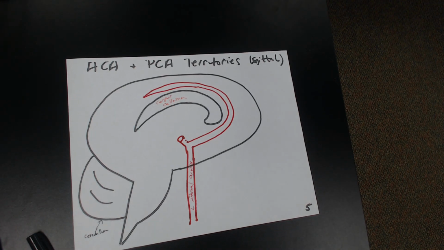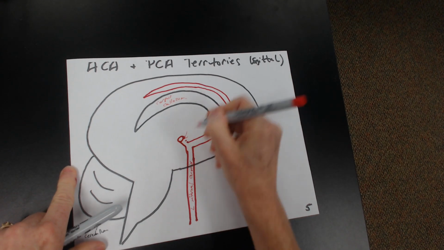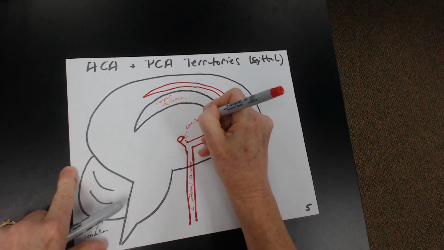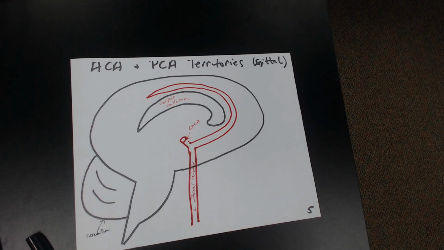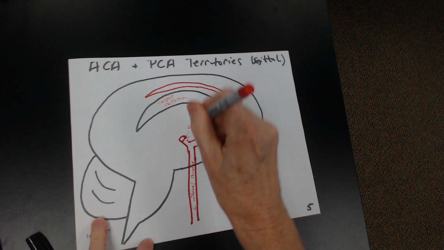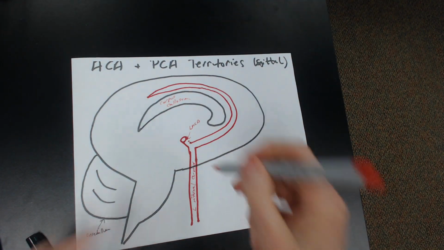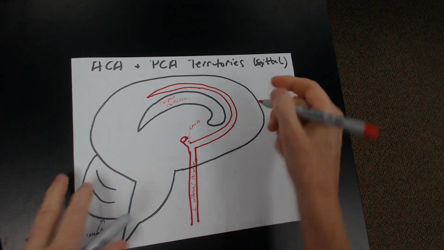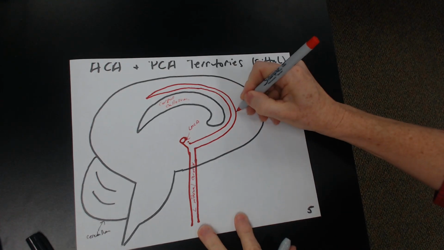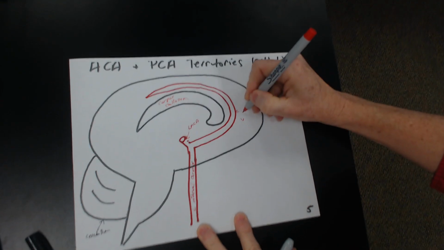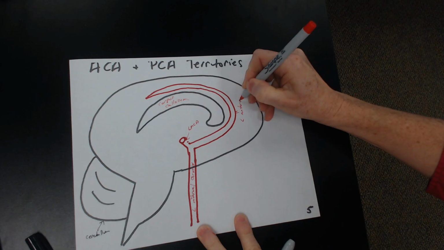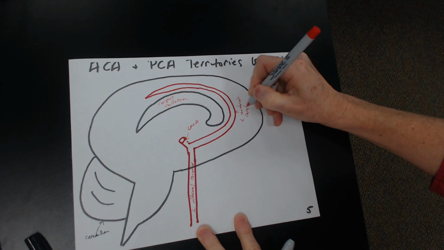Yeah, that's going to be your left MCA. Again, it's difficult to represent here. You'll see it more clearly in the next slide, but I'm just trying to represent it coming up and then going straight back down through the table. And again, this one is your left anterior cerebral.